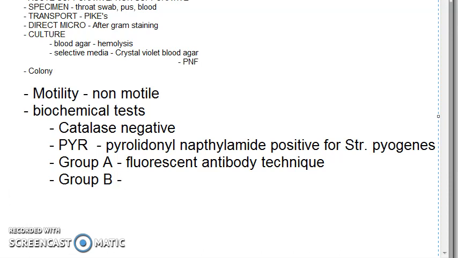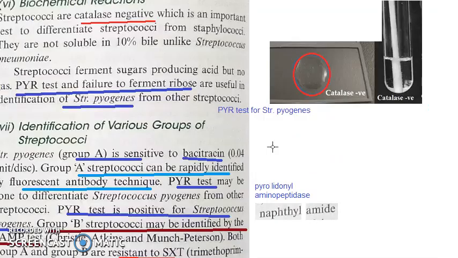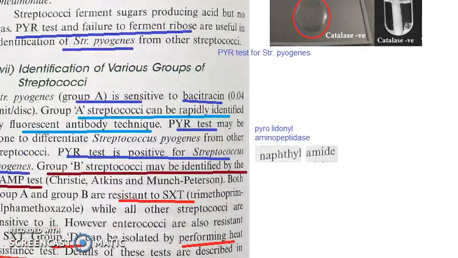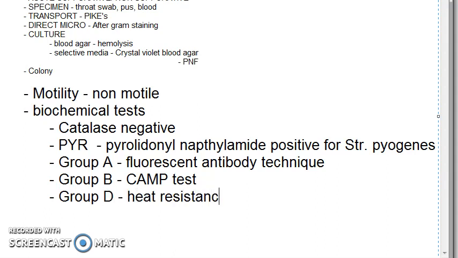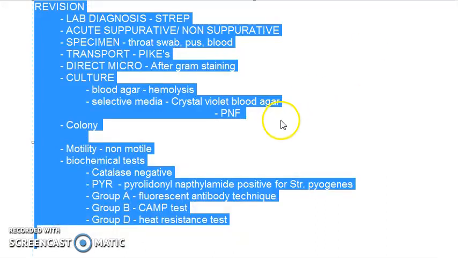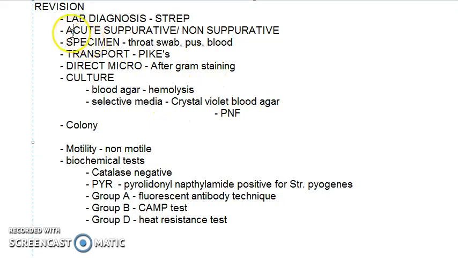Group B you will identify by what? CAMP test, that is Christie-Atkins-Muir-Peterson test. Very good. Then group D will be heat resistance test. Okay. So we have finished the lab diagnosis of Streptococcus, at least the acute suppurative.